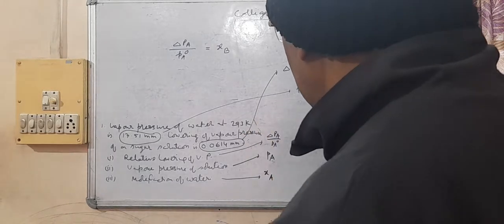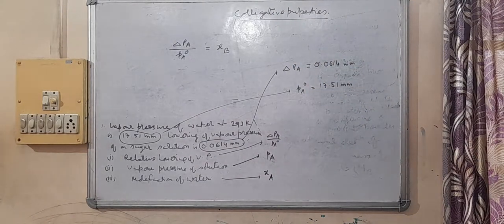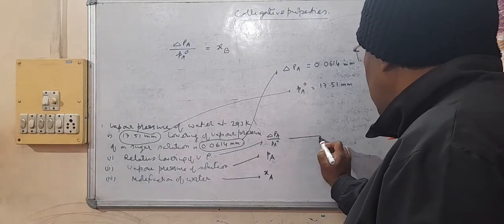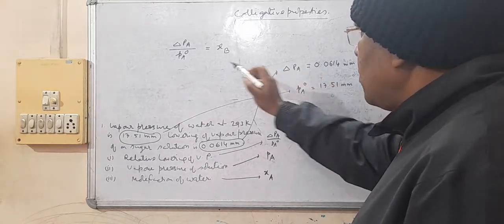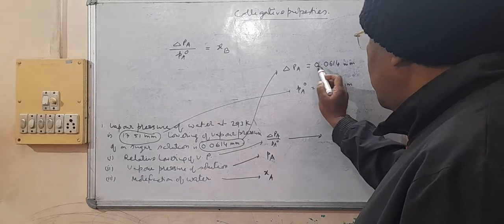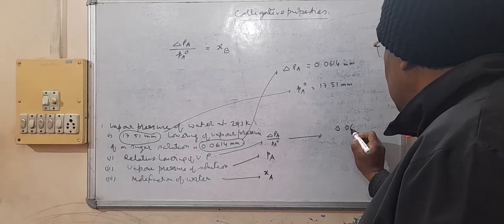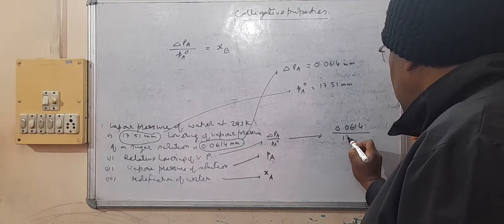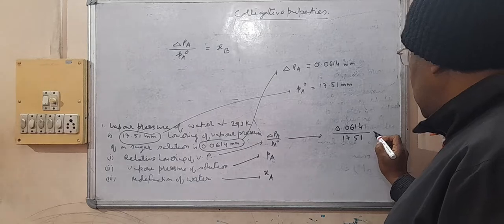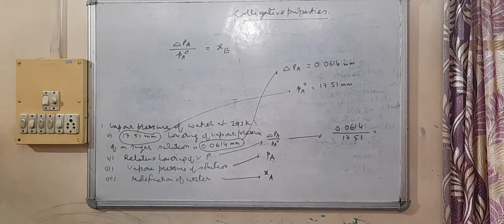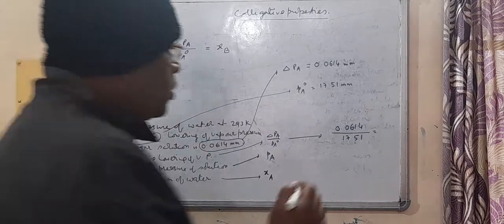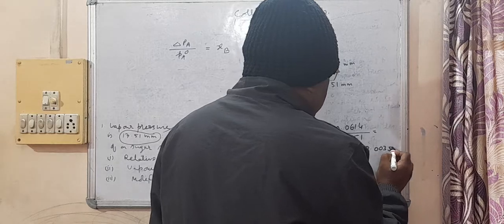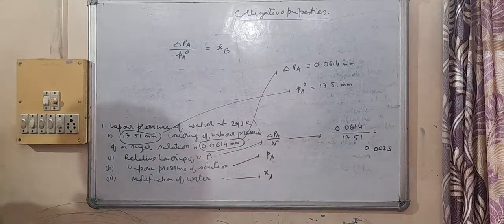So the first quantity will be straightforward. We have to find delta PA by PA naught, so it is 0.0614 by 17.51. If you simplify this, the answer you will get is 0.0035. So this is the first answer.